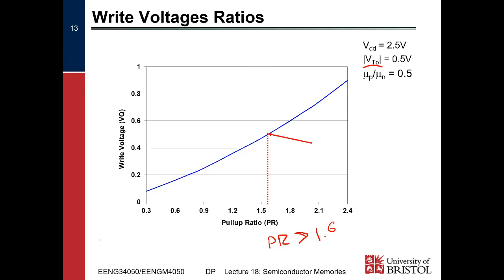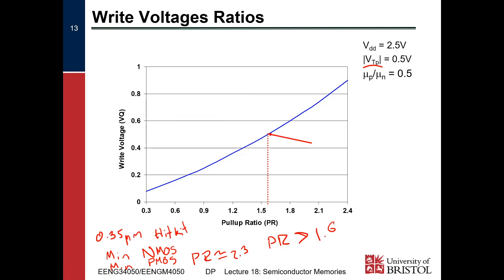But if we look at, say, our 0.35 micrometer HitKit, if we have a minimum NMOS and a minimum PMOS, our pull-up ratio is already about 2.3, just due to the difference in electron hole mobility.